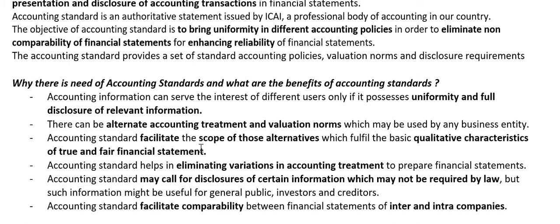The nature of transactions and business is different in many cases. For example, take valuation of inventory. There are three types of valuation: FIFO method, LIFO method, weighted average cost method. In FIFO, first in first out, valuation will be done on the inventories which are of latest quantities.